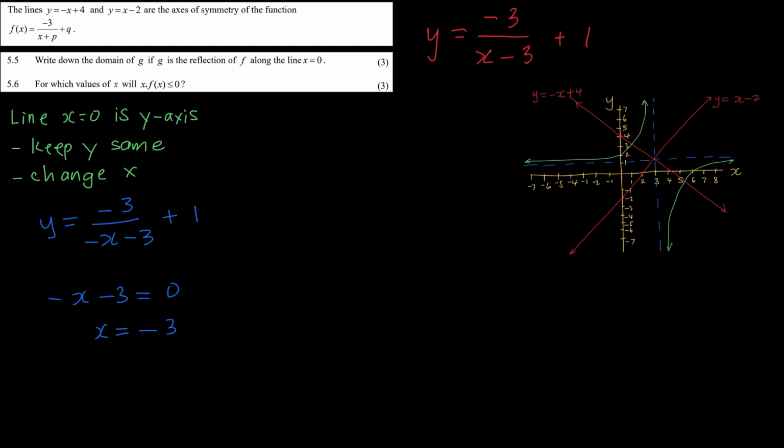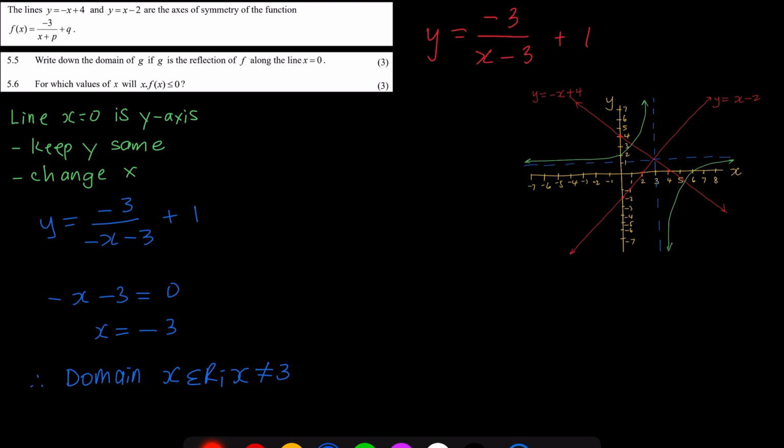So minus x minus 3 is equal to 0, which means that x equals negative 3. That is going to be the equation of the asymptote for g. So it tells us that the domain must be that x is an element of real numbers, but x cannot equal negative 3.